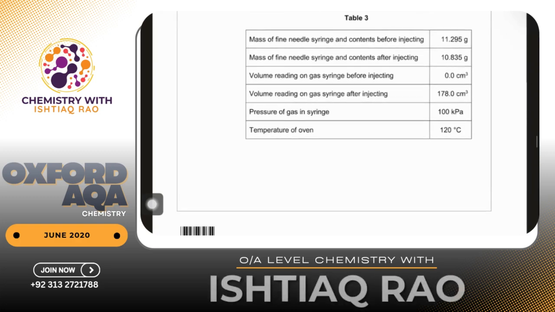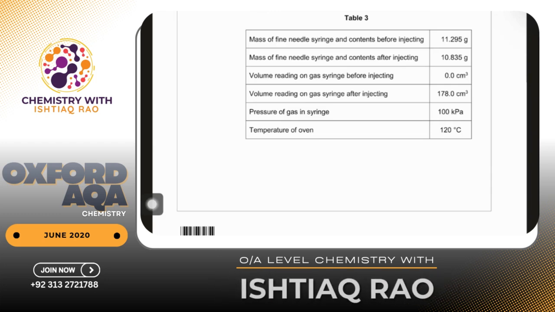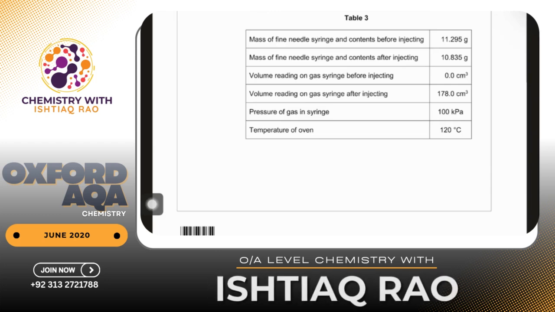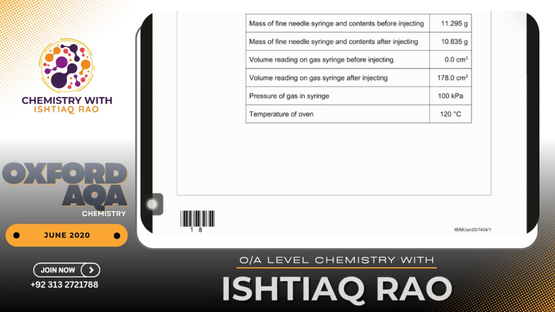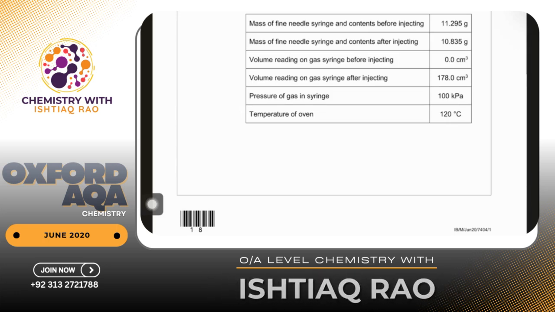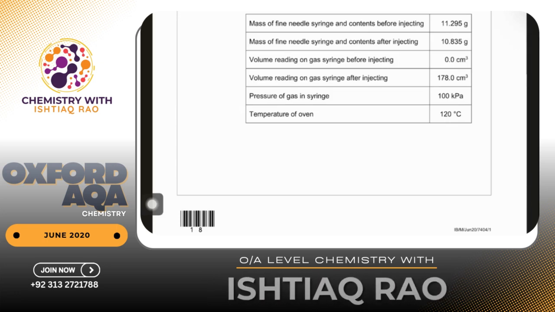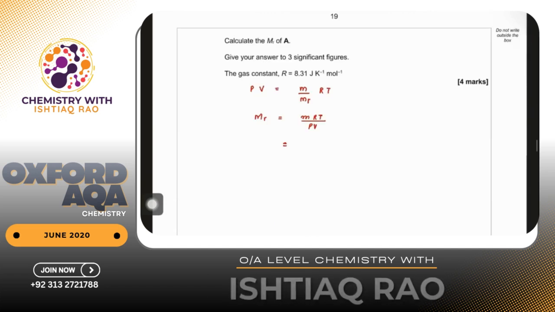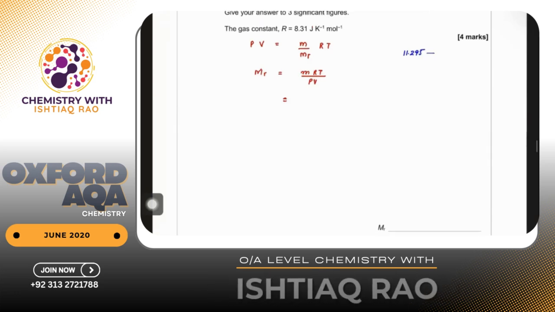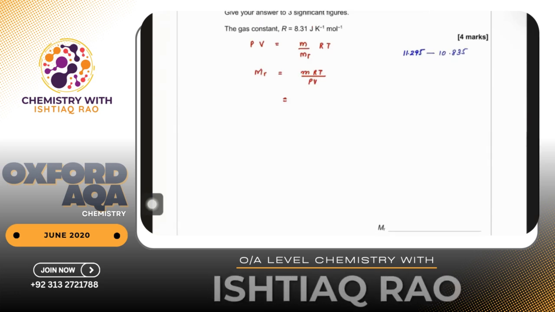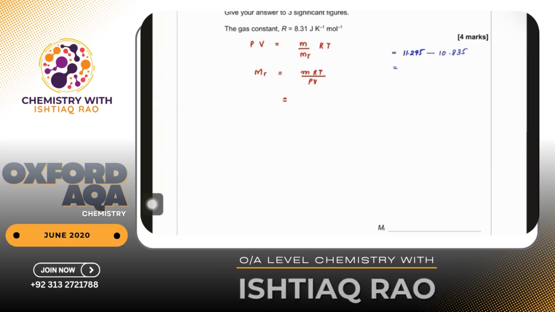Mass of a needle syringe and contents before injecting, and mass of fine needle syringe and contents after injecting. You can subtract them to get the difference. What's the difference? 11.295 minus 10.835, that is 0.46.